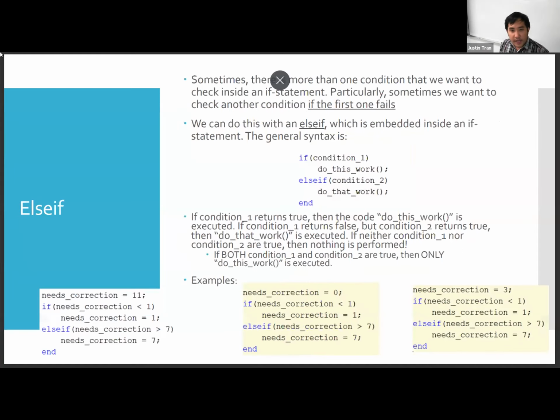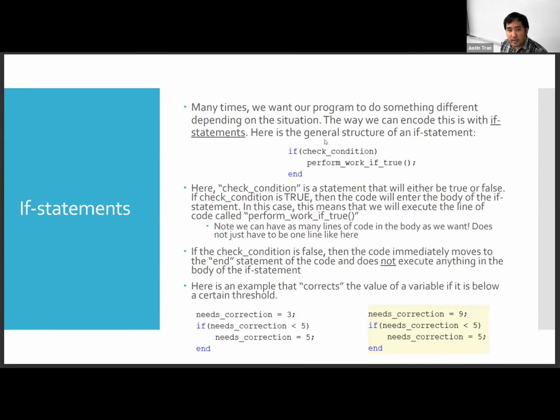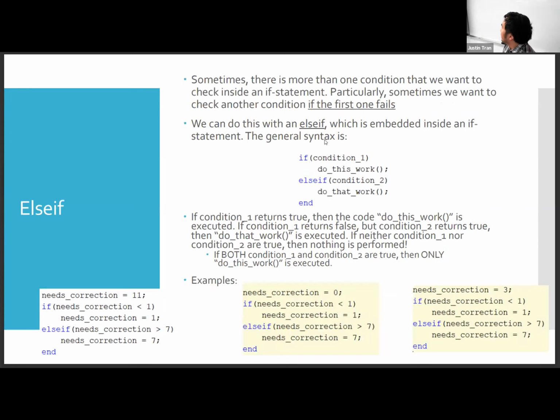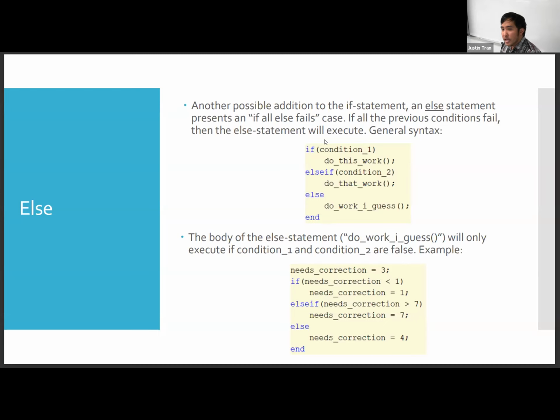For the cases that we looked at so far, the if statement by itself and the else if, if all the conditions fail or return false, then the program is just not going to do anything. It's just going to skip over all that code. But maybe you wanted to do something in case everything does return false, and that's exactly what the else statement is for.